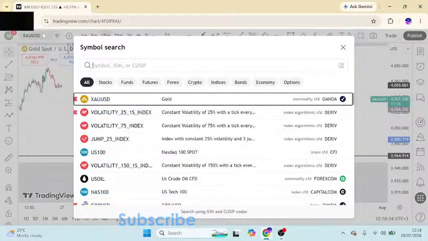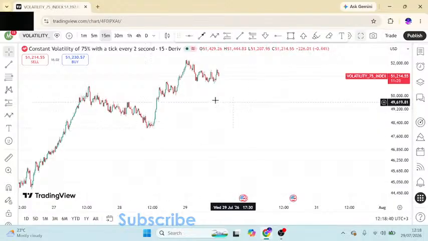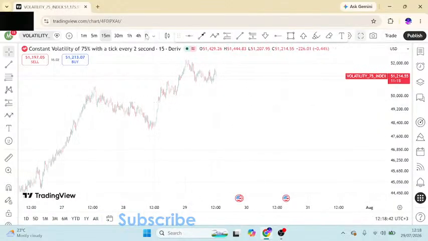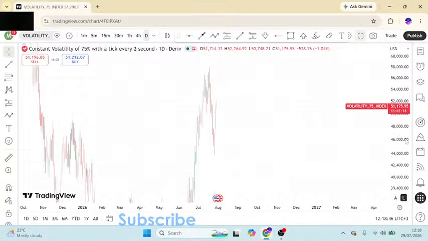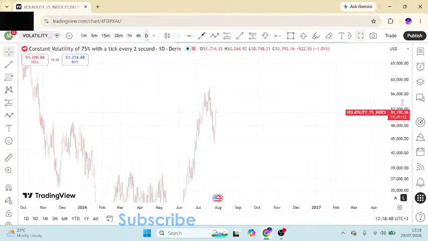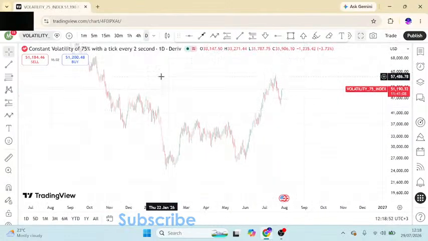So meanwhile, let's check on volatility 75 index. This is not 1S but 75 just. Let's see from the 24 hours time frame. Wow. So this is how the move is on the 24 hours time frame.